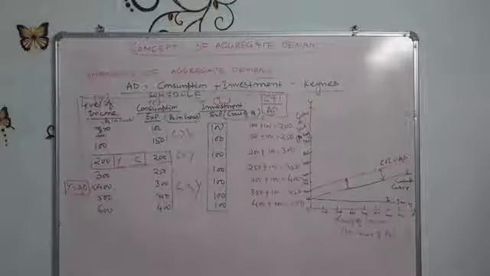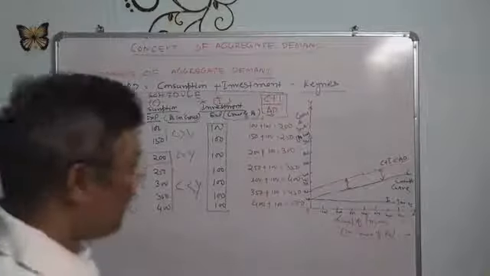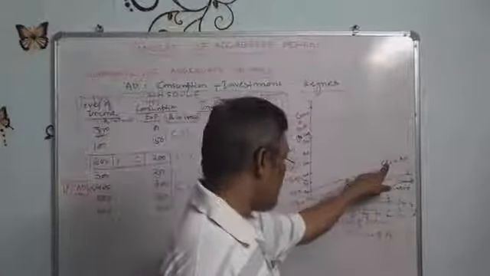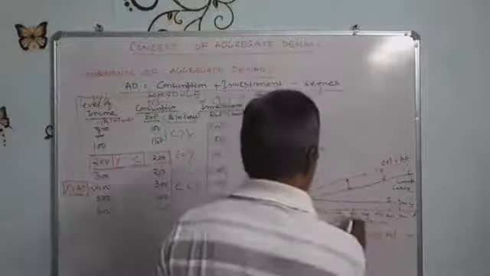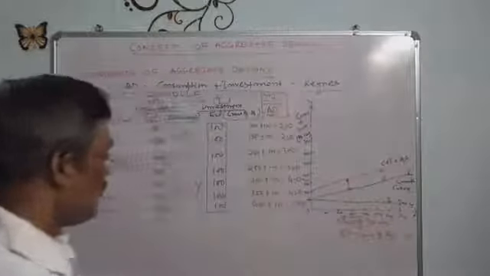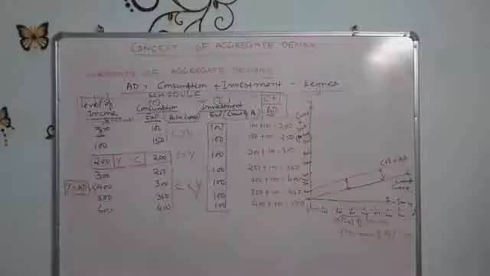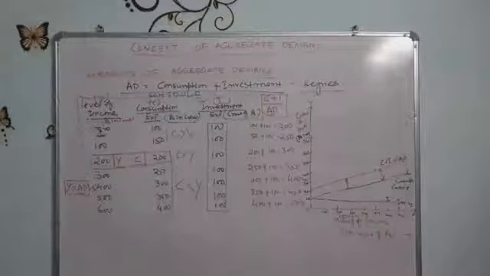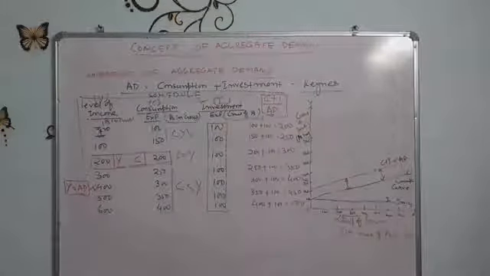It means it rises with the increase in income. If income increases, aggregate demand increases. If income decreases, aggregate demand decreases. When income increases, aggregate demand or aggregate expenditure also increases, but the increase in aggregate demand is less than the increase in income.